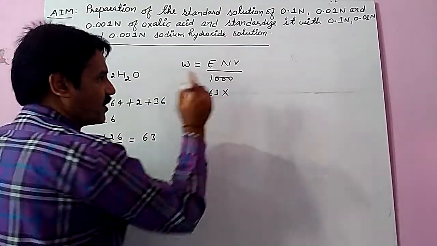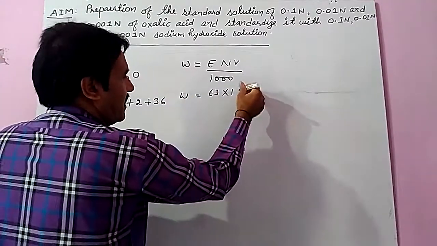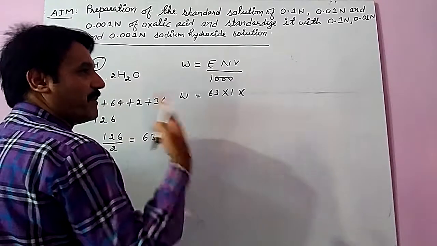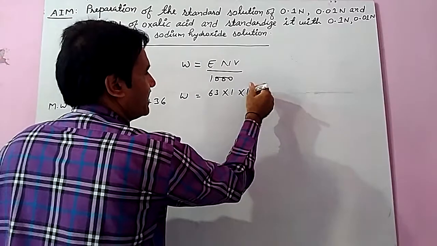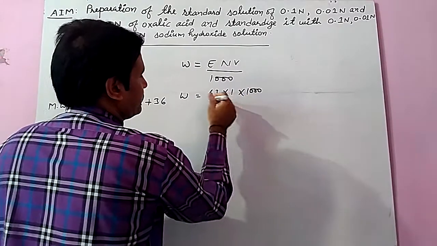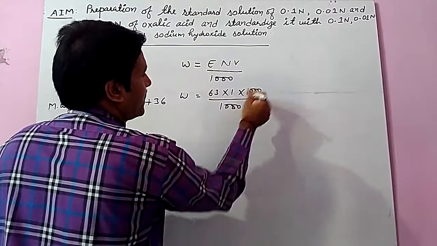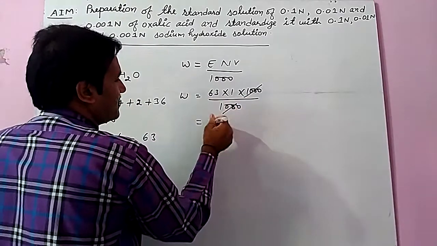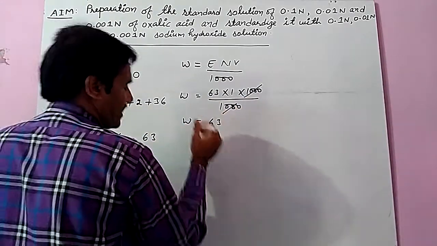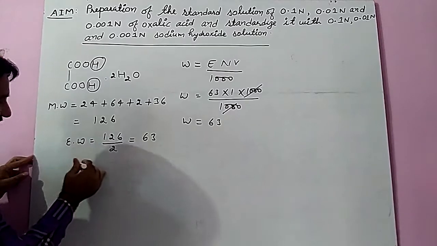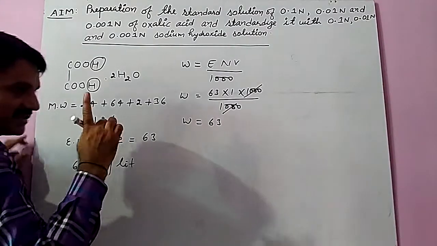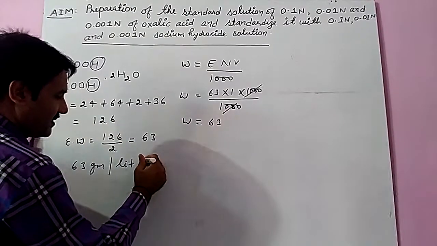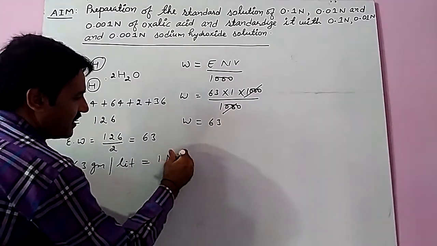Suppose we want 1 normal, so normality is 1. V may be 100 ml, maybe 250 ml, maybe 500 ml. I will take here 1 liter, that is 1000 ml, divided by 1000. So they cancel, only weight is 63. It means 63 gram per liter. 63 gram in 1 liter, then it is 1N.